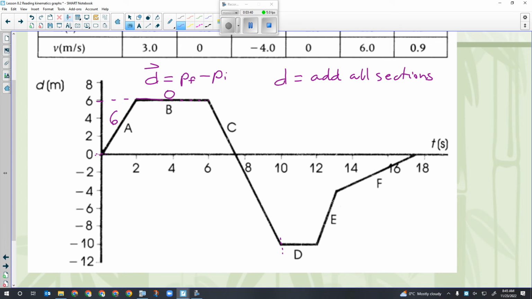It goes no meters there, and then it goes from 6 to negative 10, which is 16 meters. I almost wrote 26. 22 meters for that one. That would be my total distance traveled between those 2 points. Everybody follow me there?